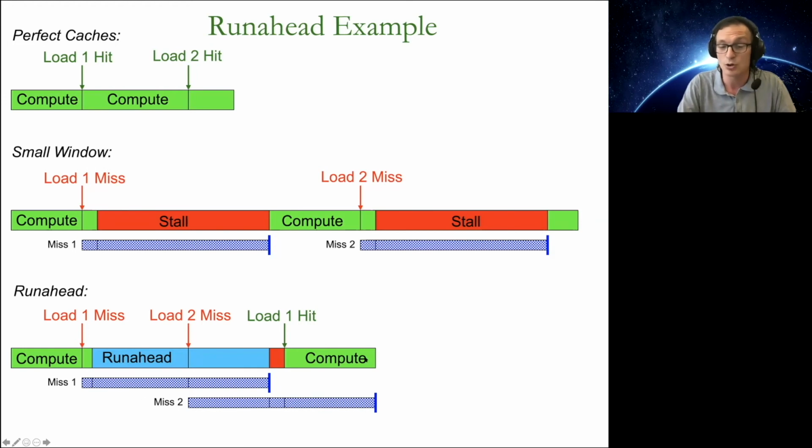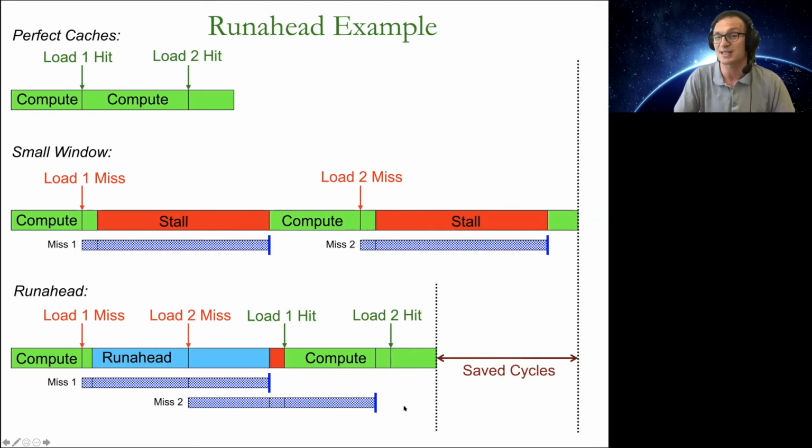And when you actually get to load 2 in the real program, not speculatively, you don't stall, because the data required by load 2 was already prefetched into the caches. You just speculatively pre-executed the program that is already executing anyway. But instead of stalling, you pre-execute to generate cache misses. And that's the idea. You save a lot of cycles, basically.